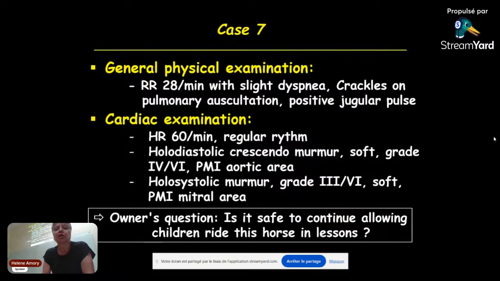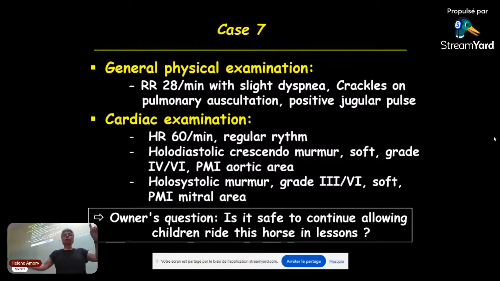On physical examination, the respiratory rate was a little bit high, 28, okay. Some dyspnea, crackles on pulmonary auscultation, and a bilateral jugular pulse present. Heart rate at rest was 60, okay. The rhythm was regular, but we had 2 murmurs on this horse: a soft holodiastolic crescendo murmur, grade 4 out of 6, with the point of maximal intensity in the aortic area.